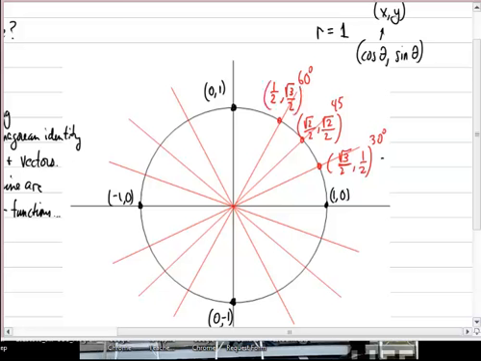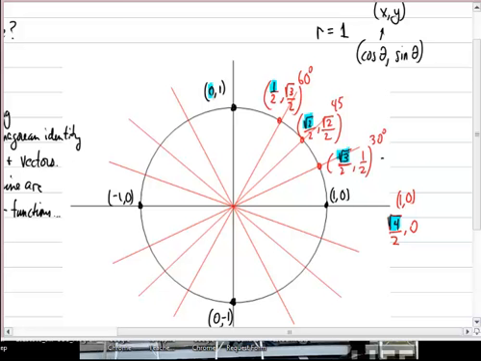Some important things to note with the coordinates here is that there's a progression. The point 1, 0 can also be thought of as a value of root 4 over 2, 0. If you look at the pattern, you can see that the x values are moving from root 4 over 2 to root 3 over 2 to root 2 over 2 to root 1 over 2 to root 0 over 2.